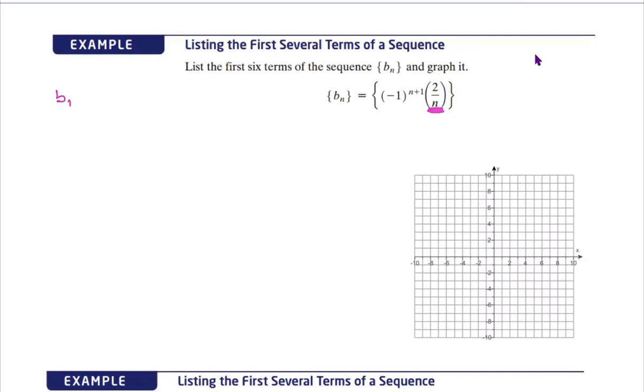But if 0 is not excluded, then that's what you should start with. So b1, b2, b3, b4, b5, and b6.